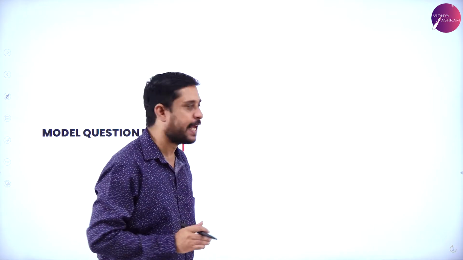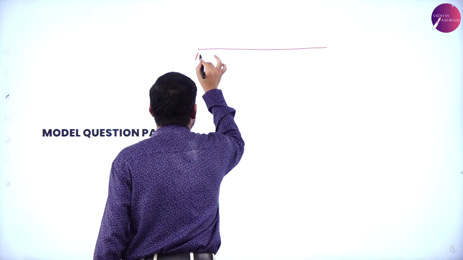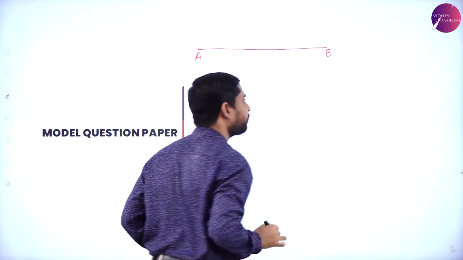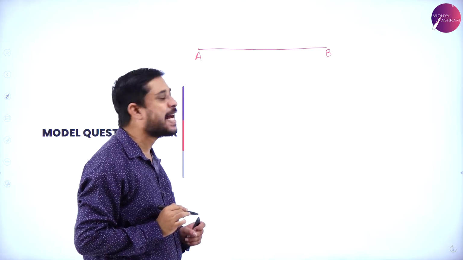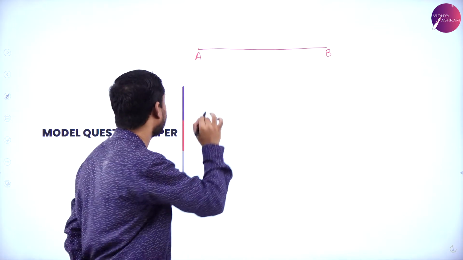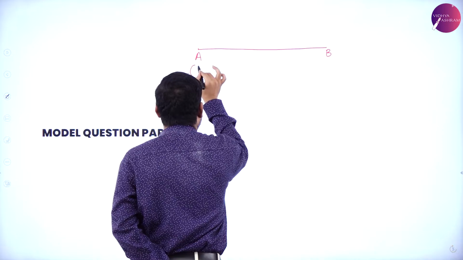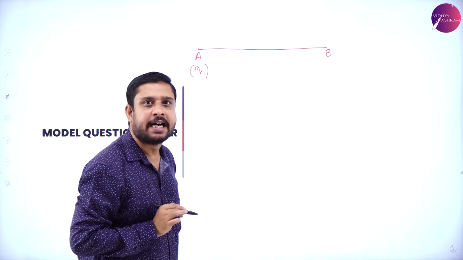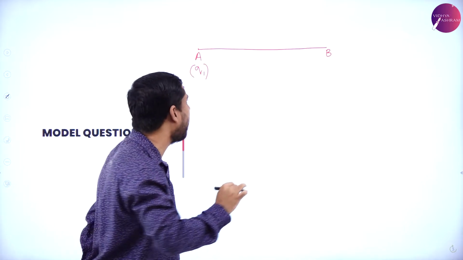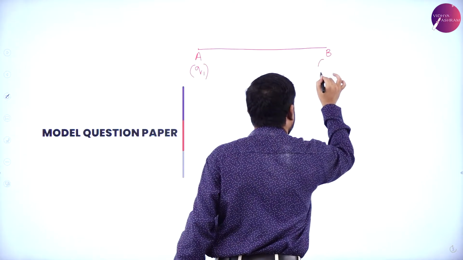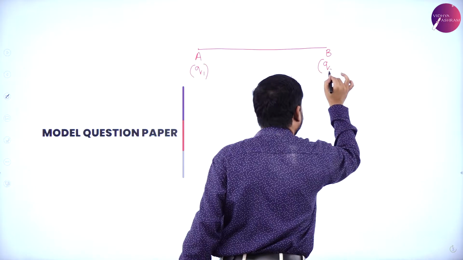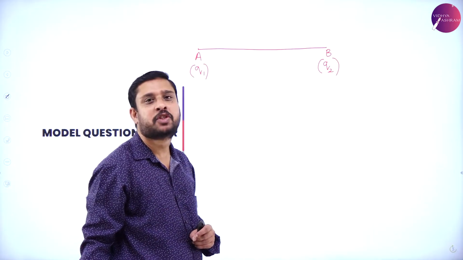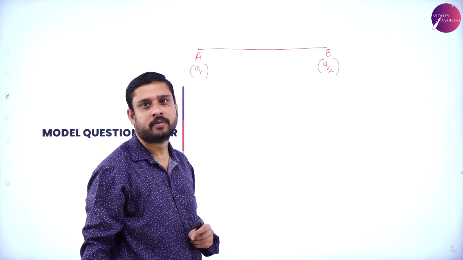Now the problem says, I consider this point as A and this point as B. At A, I have a charge Q1 and at B, I have a charge Q2.